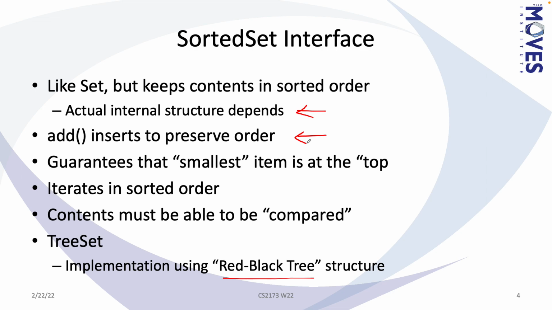That really is the only thing to be concerned about from the outside. In other words, the guarantee of the sorted set is that the smallest item is going to be, quote, at the top. So if you say, give me the first item, I want to know the smallest item in this set, it will always tell it to you. And if I want to iterate through the sorted set, it will always iterate through in that order.